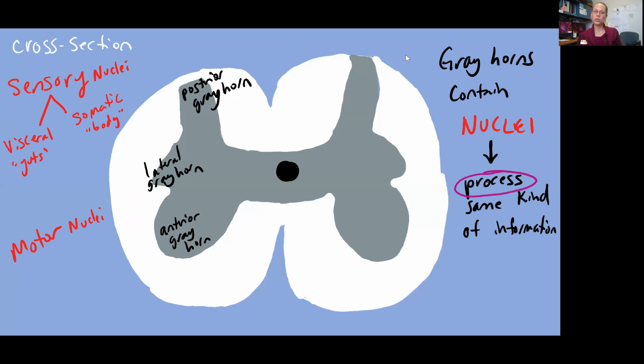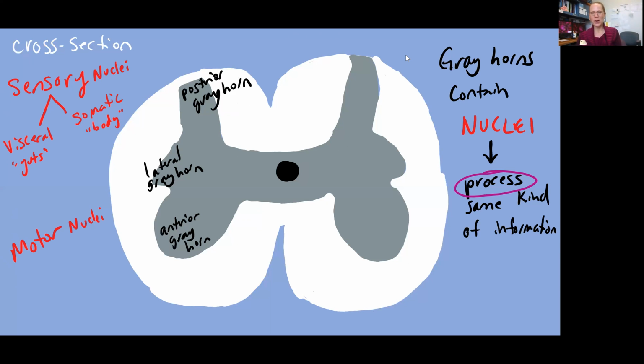When we talk about sensory nuclei, we're going to see that there are visceral sensory nuclei and somatic sensory nuclei, both of which are housed in the posterior gray horn. Remember, this term visceral is like referring to guts. So this is going to be sensory information from the innards, from the inside of the body.